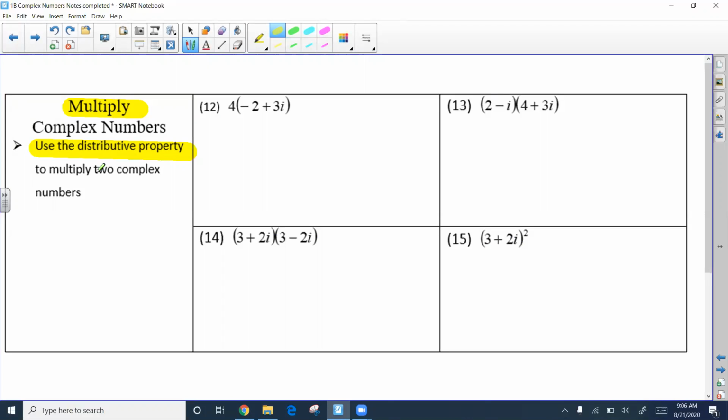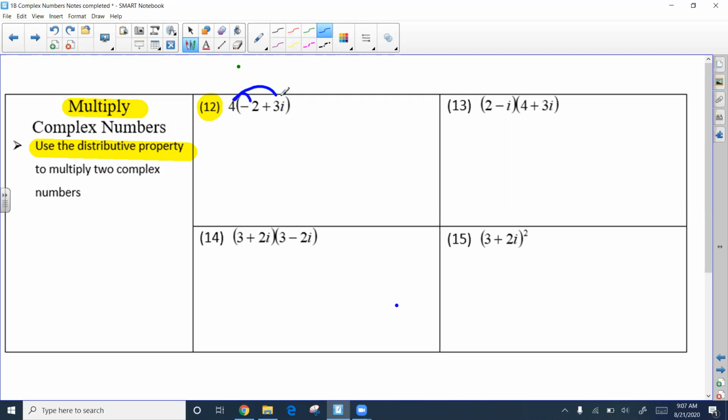All right. So number 12, we're multiplying 4 times -2 plus 3i. So write down number 12, 4 times -2 plus 3i. So on this one, we're just multiplying by a number that just has a real part. So here it's easy to just use the distributive property.